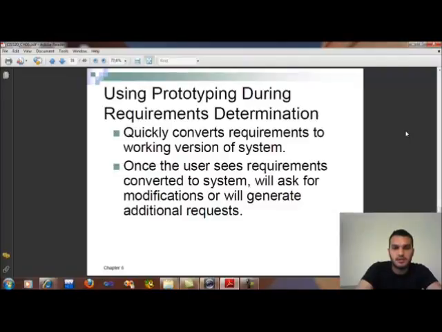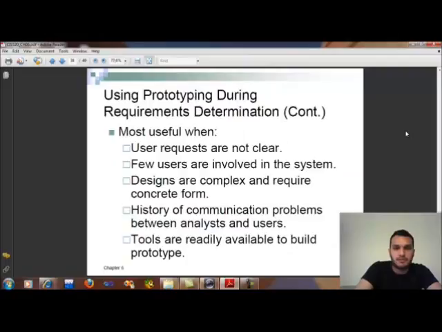Using prototyping during requirements determination quickly converts requirements to a working version of the system. Once the user sees the requirements converted to a system, they will ask for modifications or generate additional requests.